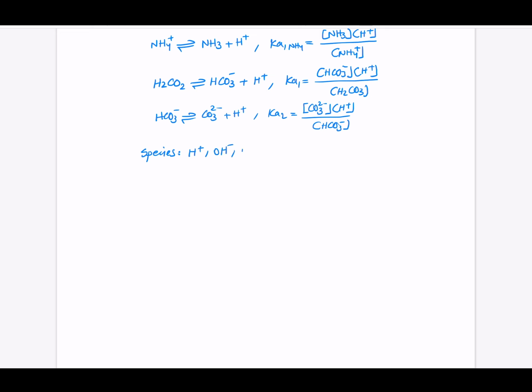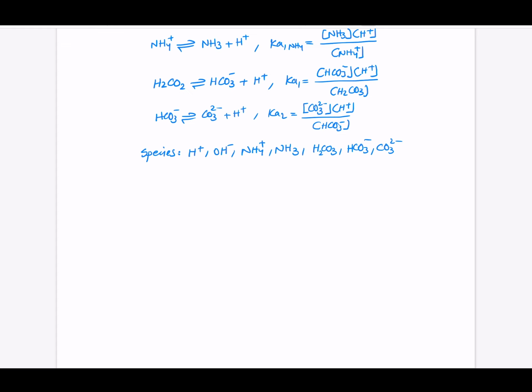Now we're introducing ammonium to the system, and as a result of that, we also have ammonia. Then we're introducing bicarbonate to the system, so we're going to have H2CO3, HCO3 minus, and CO3 2 minus. And that's it. So we have 1, 2, 3, 4, 5, 6, 7 species. So we basically need 7 equations.